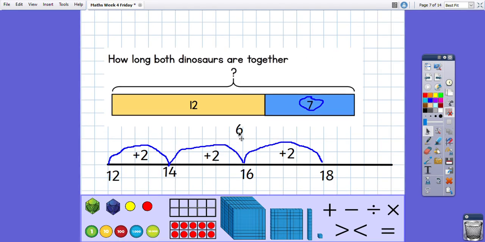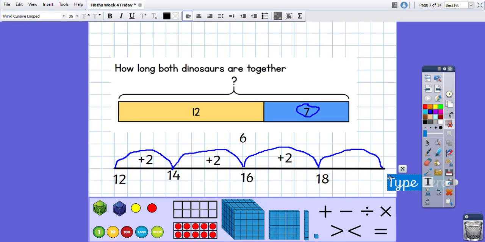Now I know that if I add 2 more onto 6, I get 8, and I only need to add 7. So I just need to do a jump of 1 to the end. So 18 add 1 is 19. I've added 1. Let's just check that I have added 7 altogether.